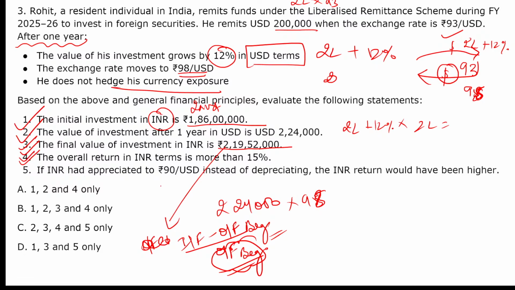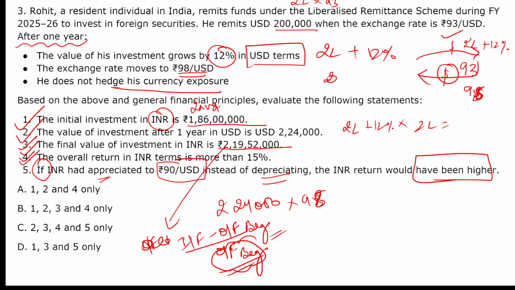If the INR had appreciated to 90 instead of depreciating, the INR return would have been higher. Do you think this is correct? If the INR had appreciated to 90 instead of going to 98, the dollar has depreciated.